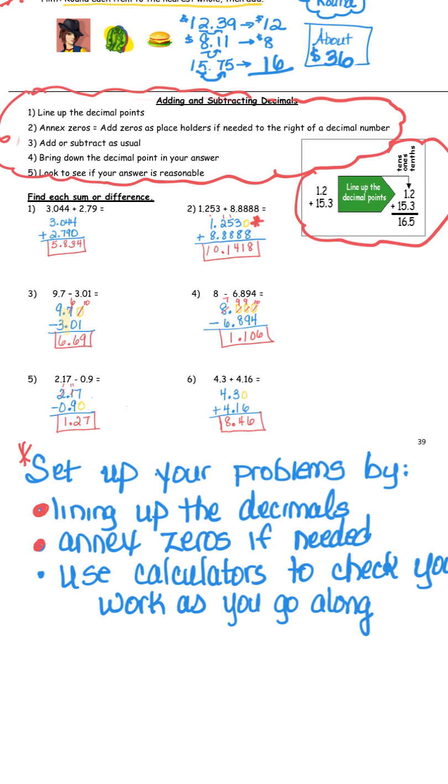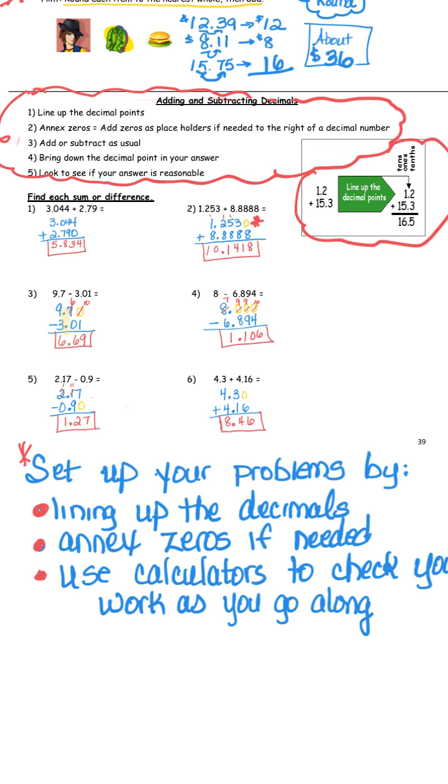Annexing zeros means that you're adding zeros to the ends of the numbers, which will help you when you have to add or subtract. The way Mrs. Gelderman calls it, she'll say you have to zero it out or block it out. And lastly, you're using your calculators to check your work as you go along. So you could add, subtract, and check your work.